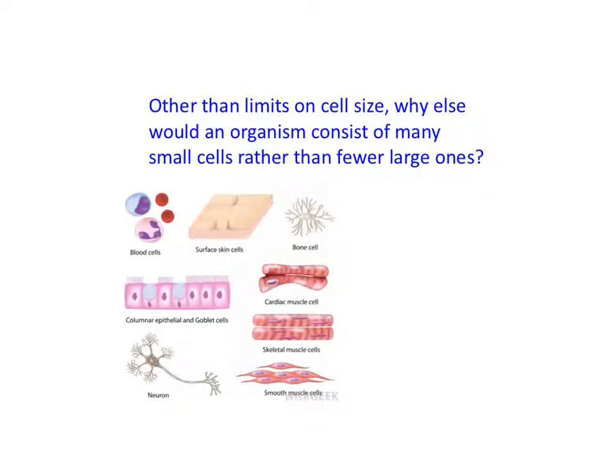The main benefit is that it allows functional specialization, which means you can have some cells that are dedicated to specific processes. It also allows redundancy, so that if you lose one cell, the whole organism doesn't go down.